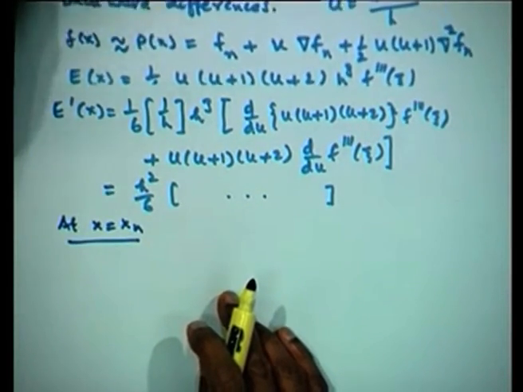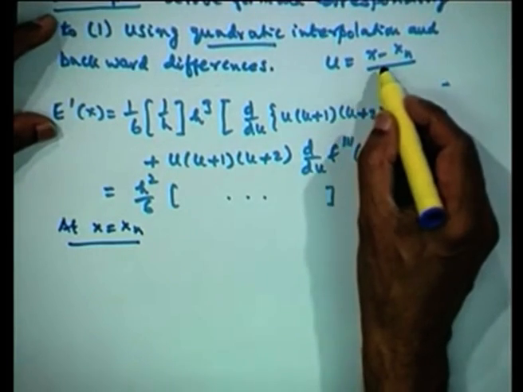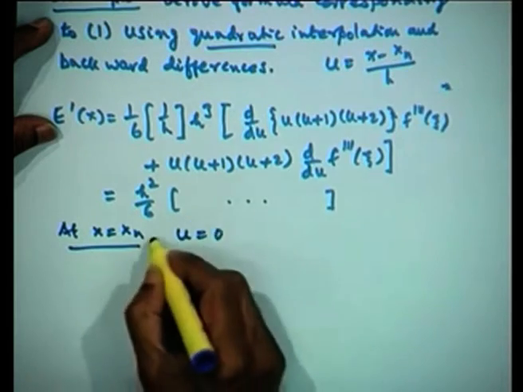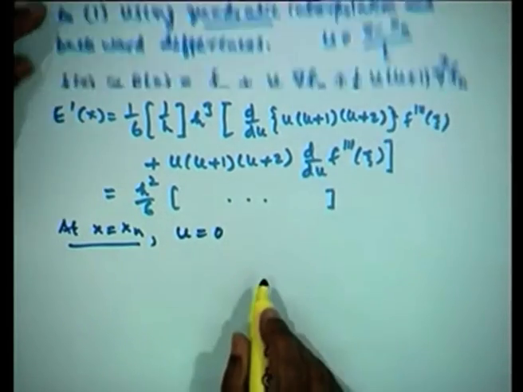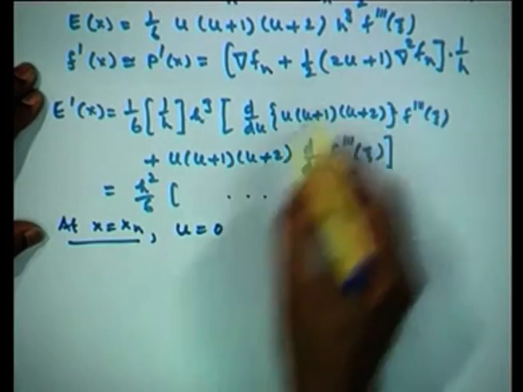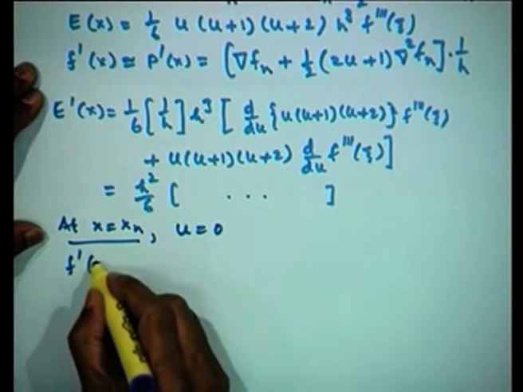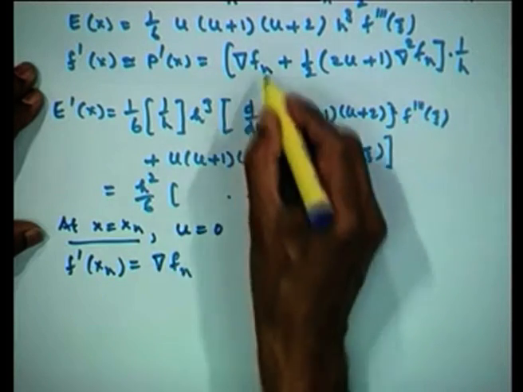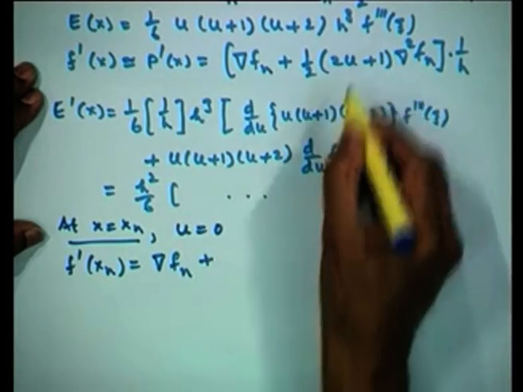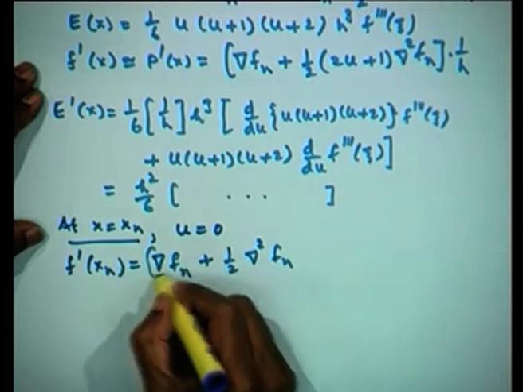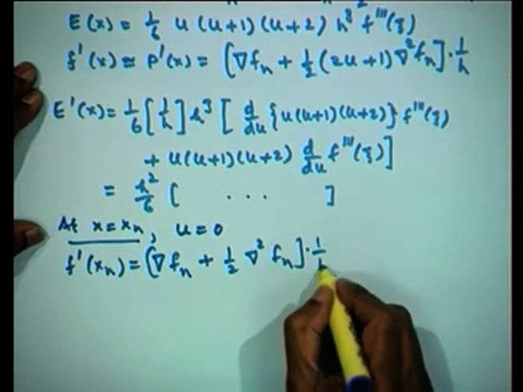Now, at x is equal to x n, if I substitute it here, I get u is equal to 0. Therefore, let us substitute u is equal to 0 in this. f dash at x n is the backward difference delta f n plus, with u equal to 0, delta squared f n, into 1 upon h.